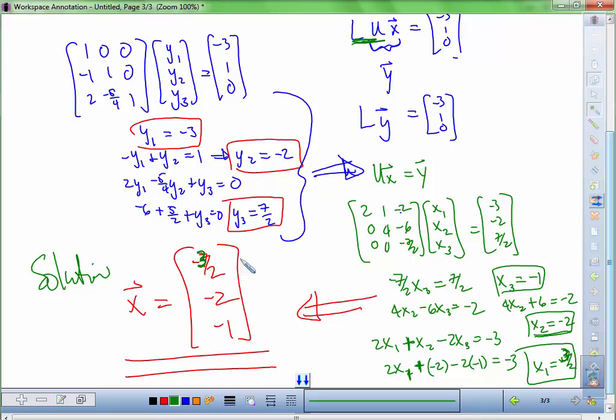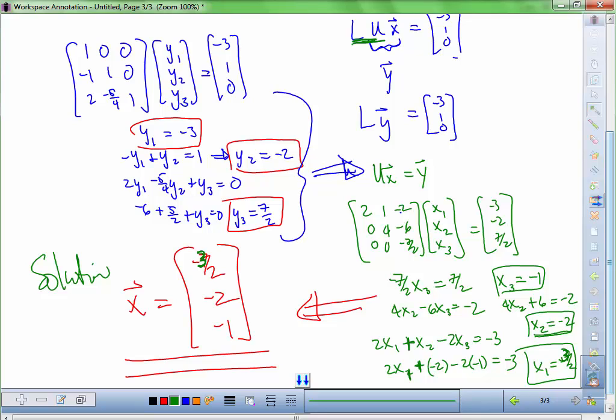All right. Okay, so back solving, because it's lower triangular or upper triangular, the back solving business is a lot easier to deal with, and so solving for these systems is a lot easier. Okay?